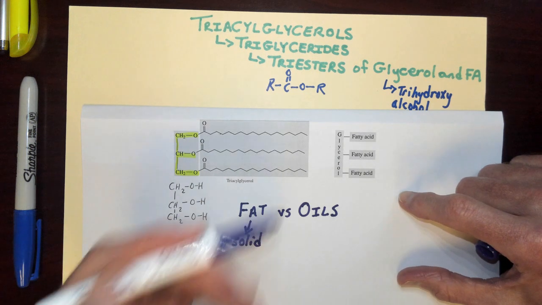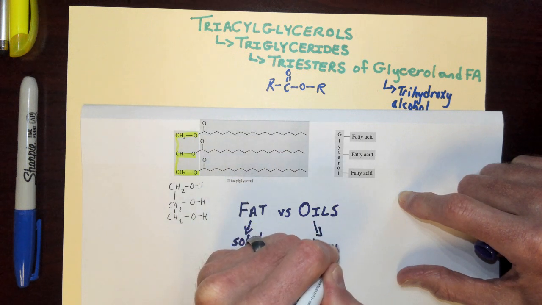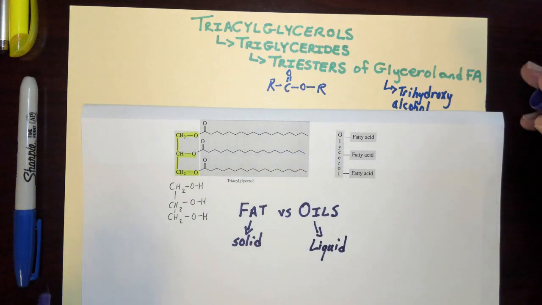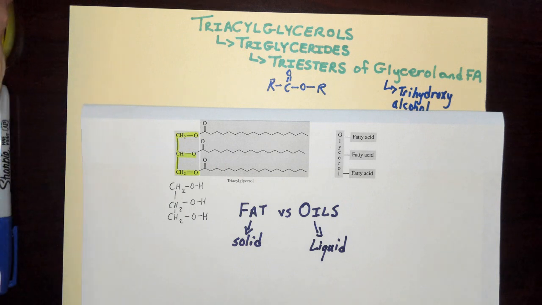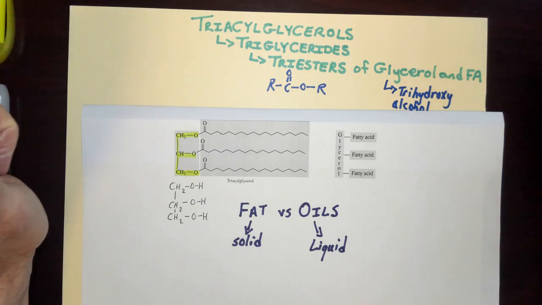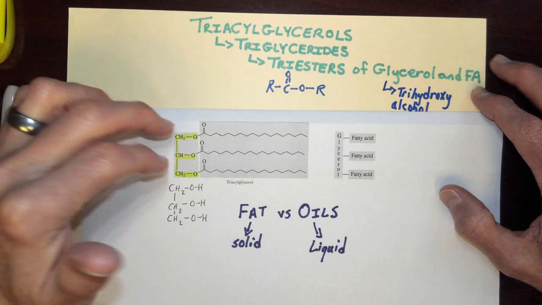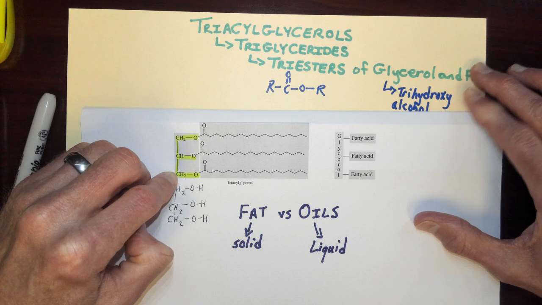If it takes on a liquid at room temperature, we often reference these as oils, and these often come from plant and vegetable sources like olive, with the olive oils, or the sunflower, safflower. So fat versus oils in reference to these triglycerides or triacylglycerols. So remember, it is a triester. It is 3 esters attached, using glycerol.